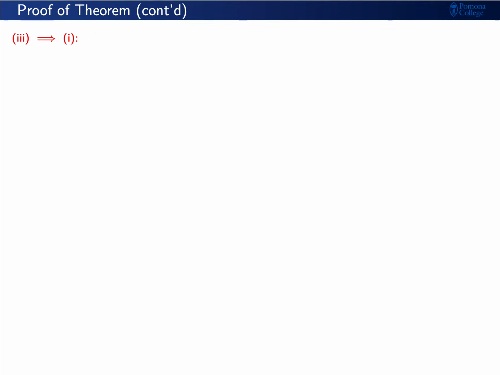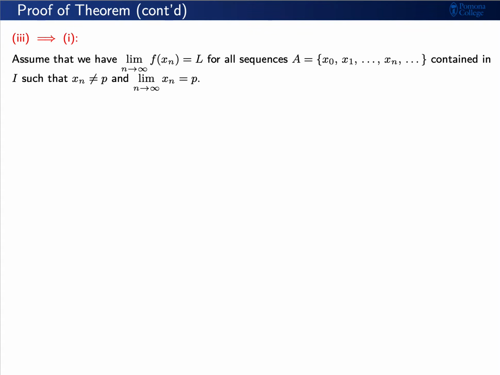Now let's do the last part. 3 implies 1. Let's assume that we have the limit of f of x sub n equals L for all sequences contained in I, such that x sub n does not equal p, yet the limit of the x sub n's equals p.